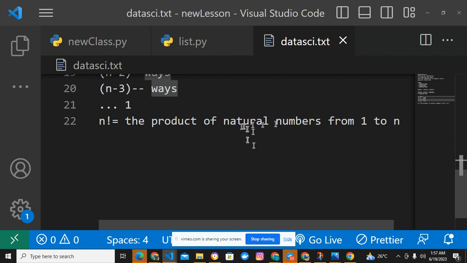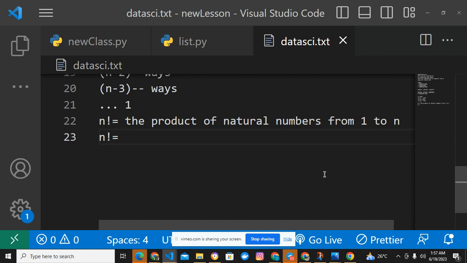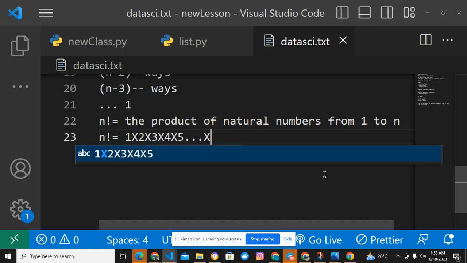So by the definition, we can say n factorial is 1 times 2 times 3 times 4 times 5 up till times n.